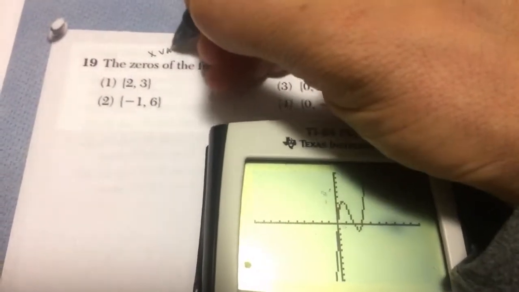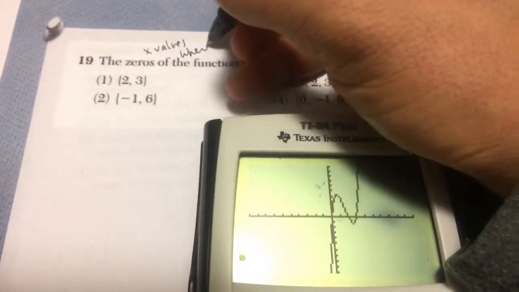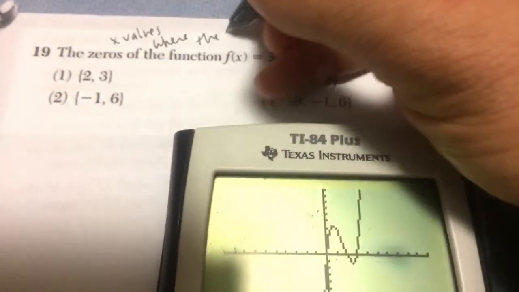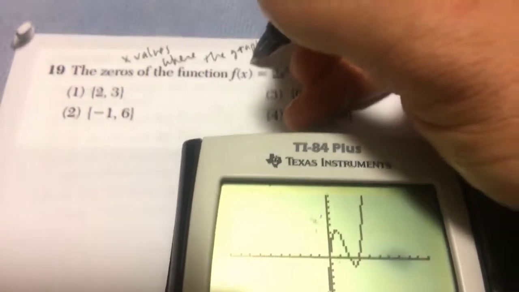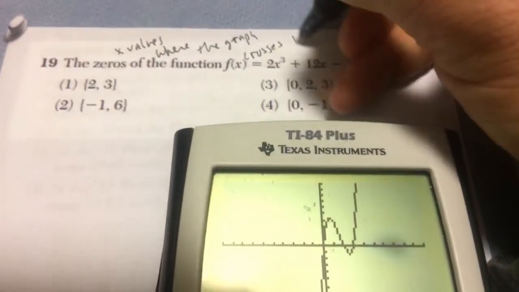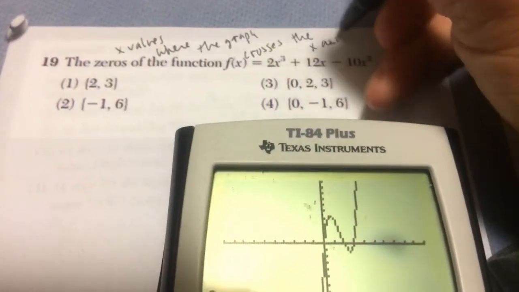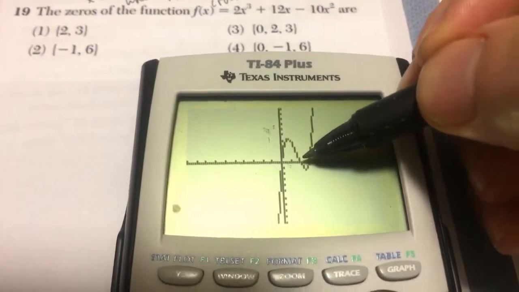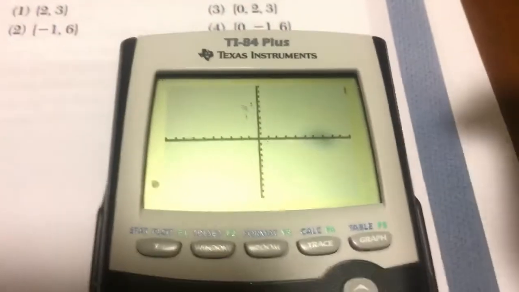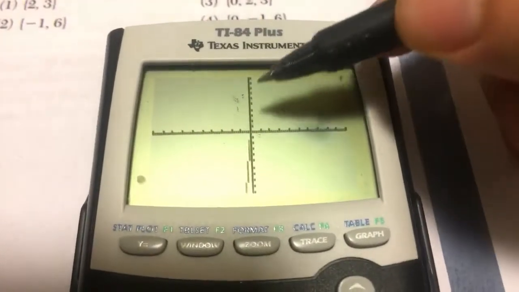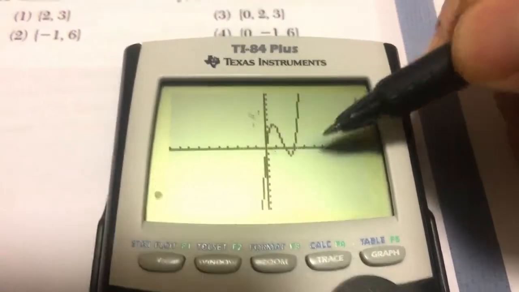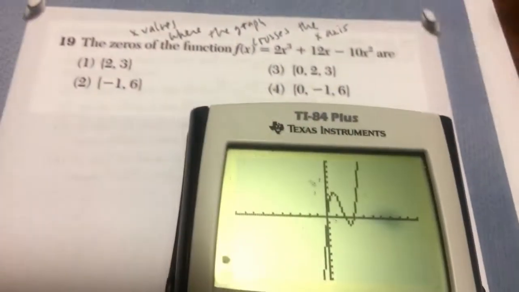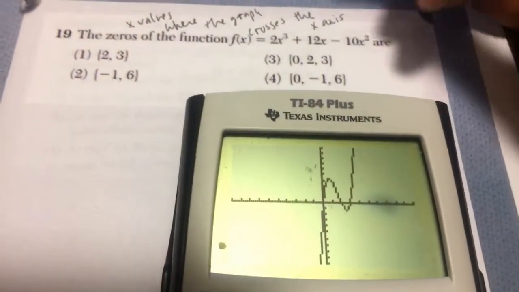Remember, the zeros are the x values where the graph crosses the x-axis. I see 0. Let me do a zoom 6 here. Let me take a look. It looks like 0, 2, and 3. 0, 2, and 3, so you should have number 3.